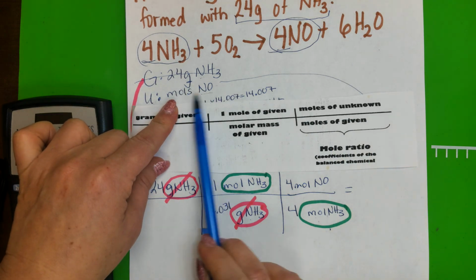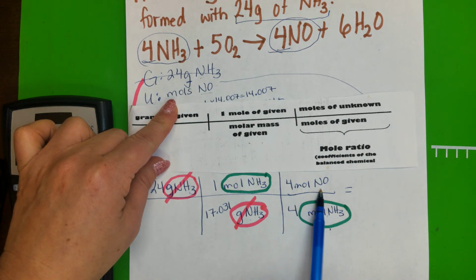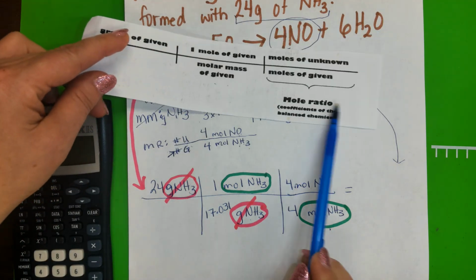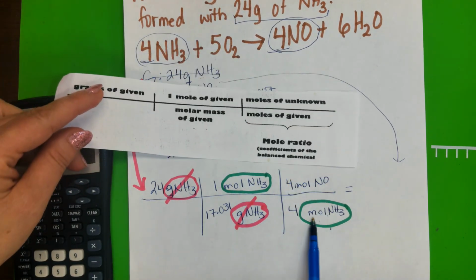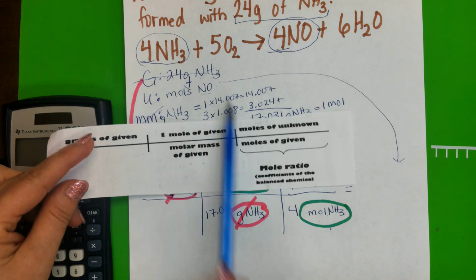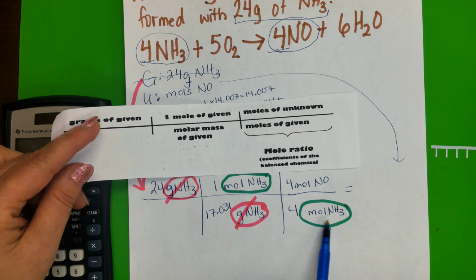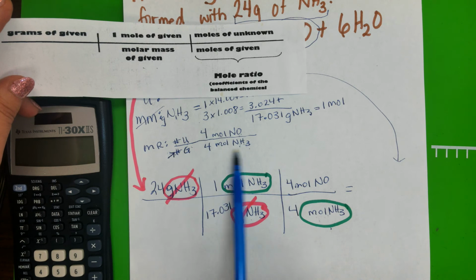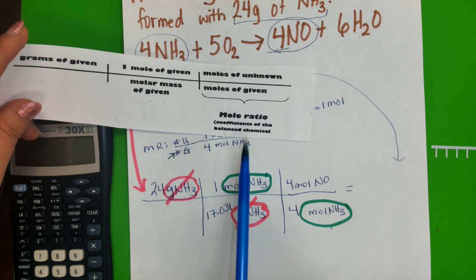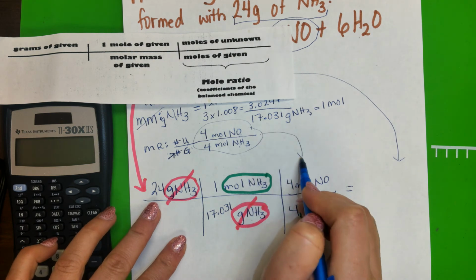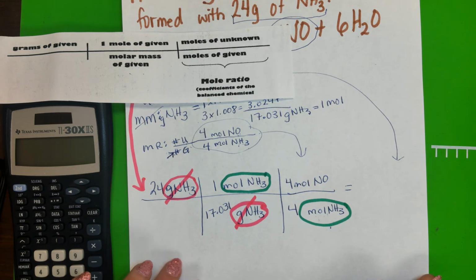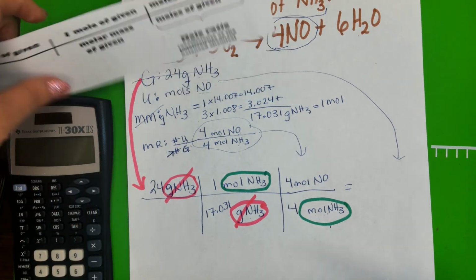So moles of unknown is moles of NO. So it is 4 moles of NO. And this is the mole ratio. And then the moles of given will be NH3. So again, this whole thing is the mole ratio. So really, you just have to put this whole thing just the way it looks in here. Okay, so we are ready to calculate.